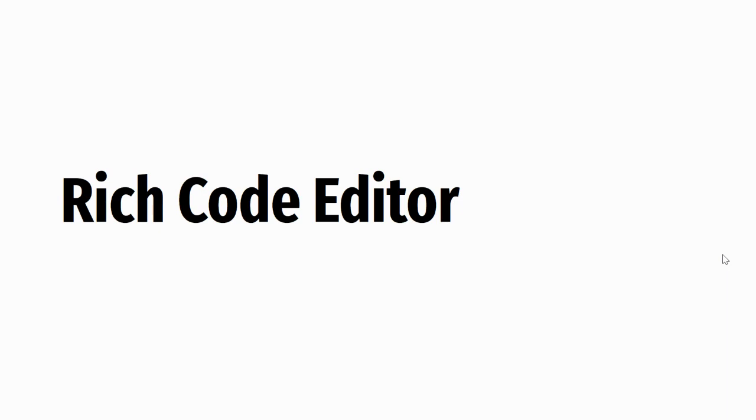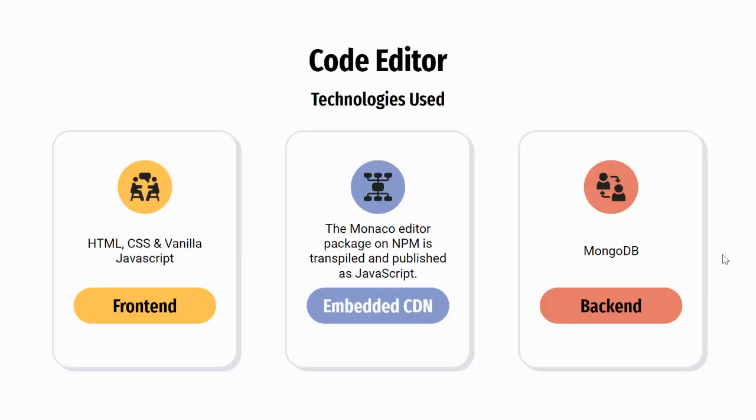Now, I'll discuss the technologies used in the making of this code editor. The front end is completely developed using HTML, CSS, and vanilla JavaScript. For the compiling purpose, we have used an embedded CDN, that is the Monaco editor. Monaco editor is Microsoft's open source code editor which powers Visual Studio Code and is packaged on npm, which is transpiled and published on JavaScript.